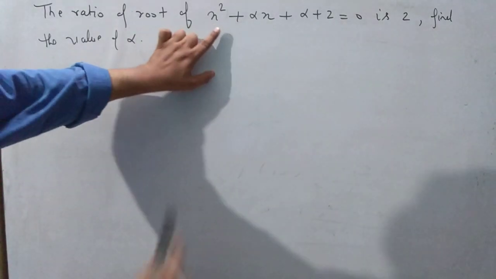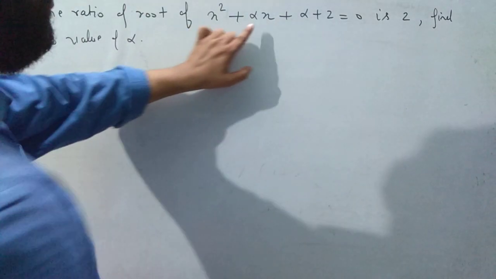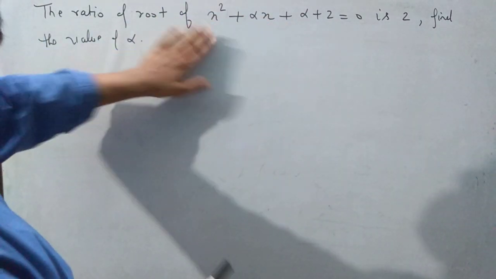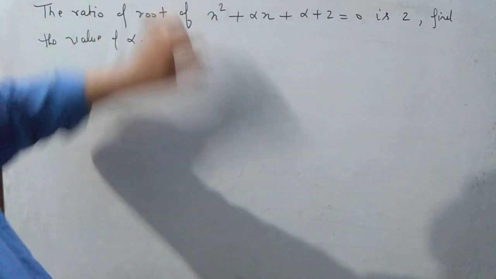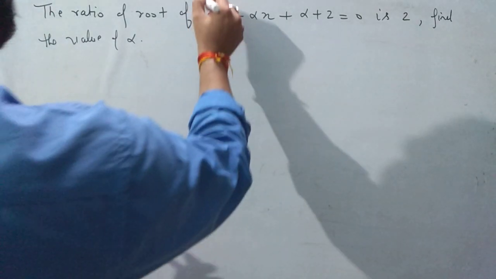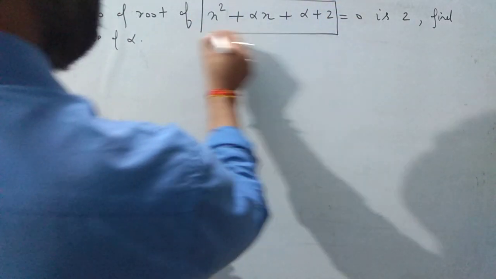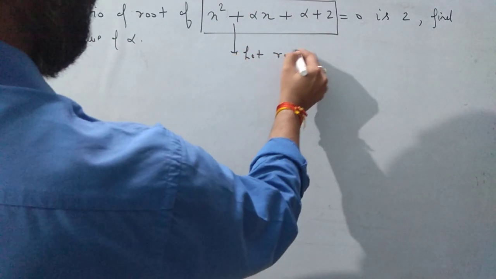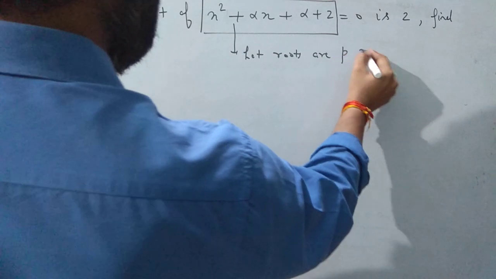Since in this question alpha is already used, alpha is some unknown and we don't know what the roots are, but the ratio of the roots is given. Mostly we take the roots as alpha and beta, but in this case alpha is already in this equation, so let the roots be p and q.